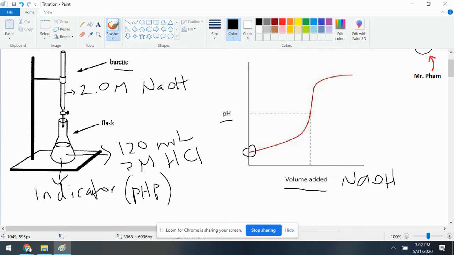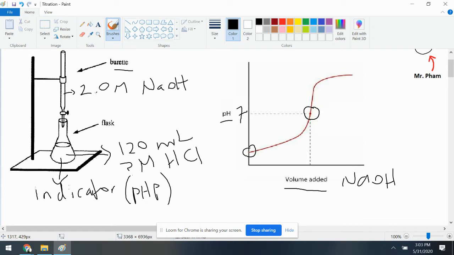Imagine you're plotting this. Once you're slowly adding the NaOH, notice the pH is going to go up because you're adding a base to that acid. Once you reach 7, you're going to see the solution turn pink or light pink, which means, yes, you have neutralized. At this point here, this is called your endpoint.